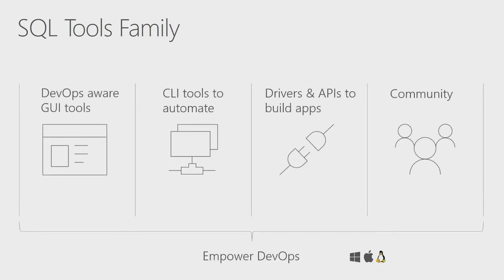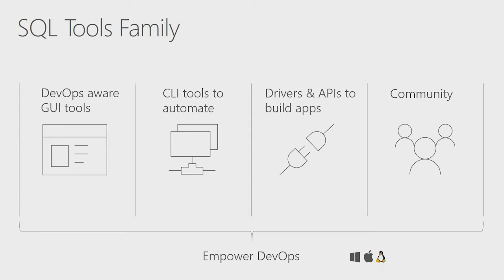We have seen SQL Server 2017 as a platform. It is great. To complete the story for DevOps, you will need tools and services, as I mentioned. First, you need an IDE or an excellent editor to build a solution. And you will need the CLI tools and APIs to orchestrate and automate your solution in the CI/CD pipeline.